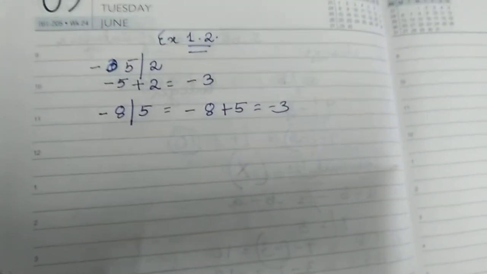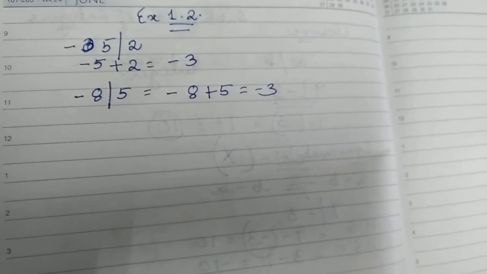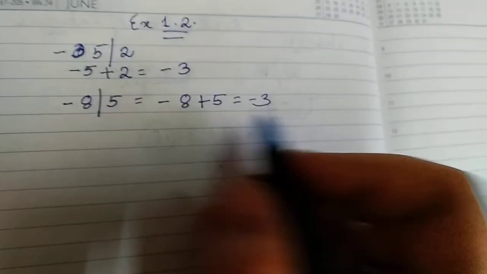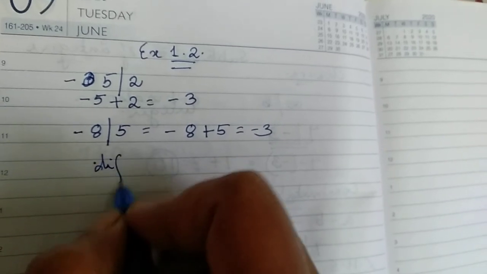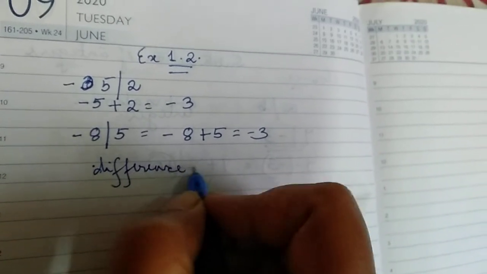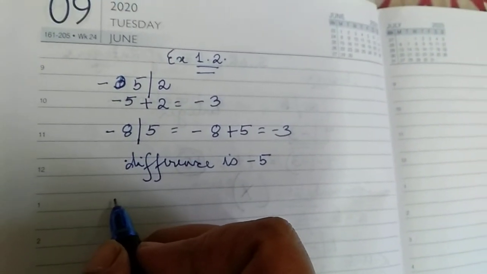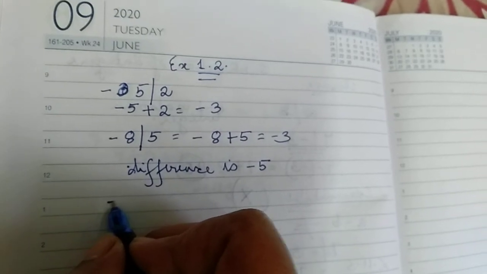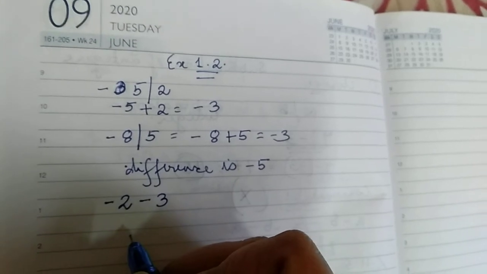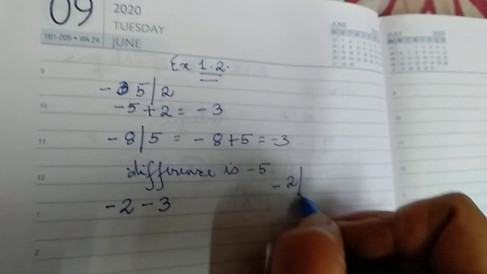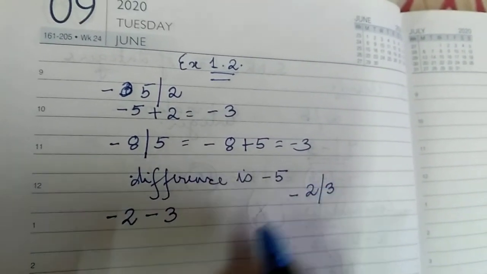In the same way, the difference is minus 5. The difference between two integers is minus 5. So if the difference is minus 5, see, if I take the integers as minus 2 and 3, that means one integer is minus 2, the other integer is 3.